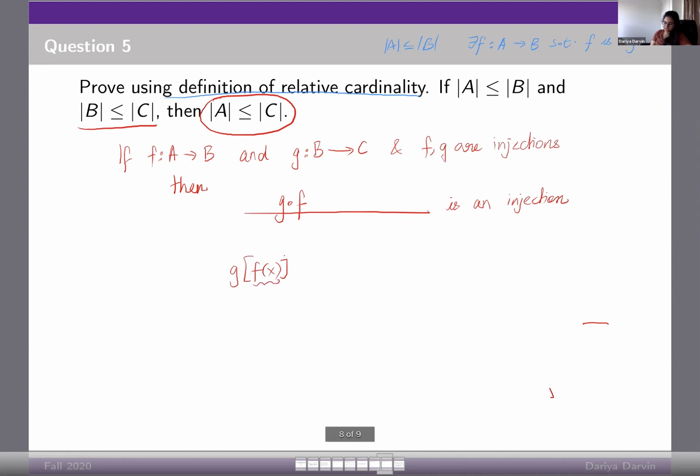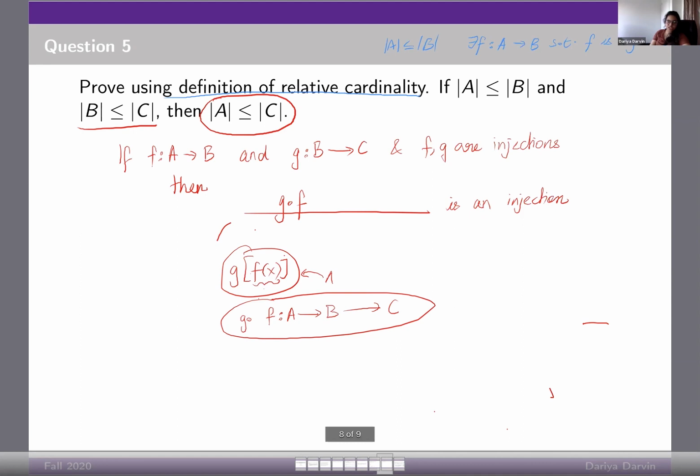So f takes in a as values, so this whole function will also take in a as values. f sends this from A to B, so g of f will send this from A to B, and then g goes from B to C. So overall, this will go from A to C. Another way of saying how you would prove the statement is that you basically have to say if there is a function f from A to B, which is an injection, and there's another function g from B to C that's an injection, you basically have to show g of f from A to C is an injection.